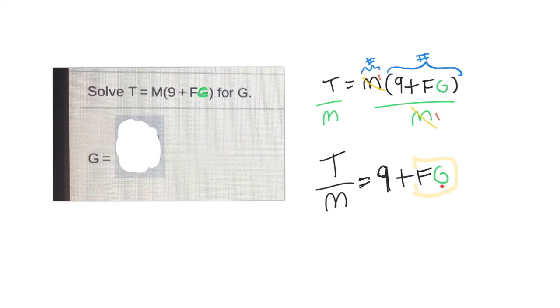You want to at least make it so that the term that has the g in it is by itself. So this one has to go. We got to get rid of this guy. So how do you do that? Well, you ask, what is 9 doing to this term right now? 9 is being added to that term, which means we are going to do the opposite, or inverse operation, subtracting 9 from both sides.